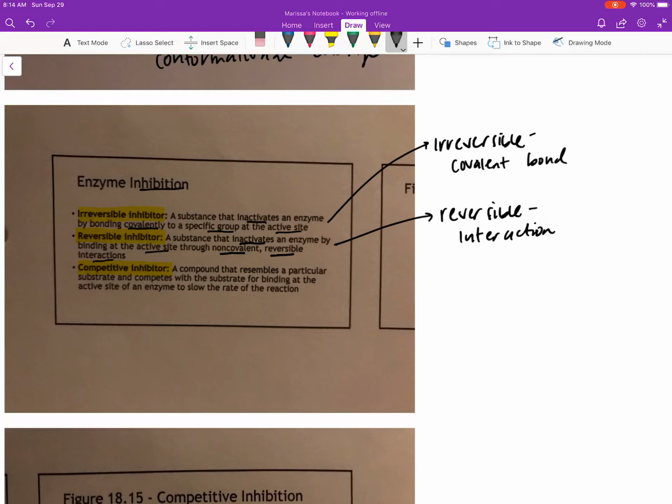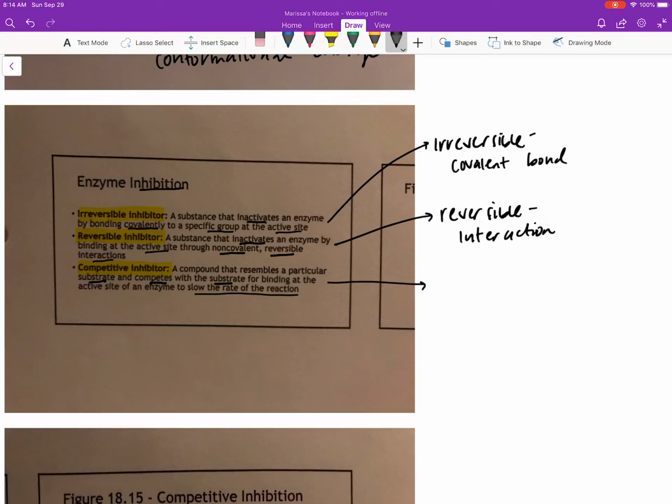A competitive inhibitor is a compound that resembles a particular substrate and competes with the substrate for binding at the active site of the enzyme, which slows the rate of reaction. Just like Walgreens and CVS seemingly offer the same groceries, the same products, so we call them competitors, because they're competing for your business.